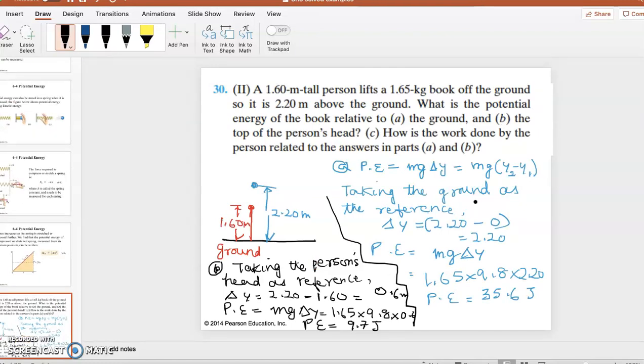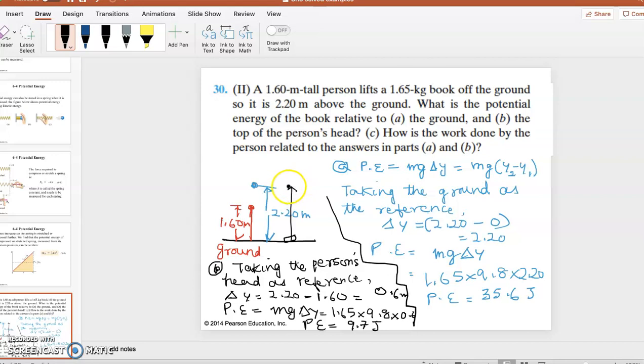Now here there is another example. It's a very simple example, but you have to pay attention to the reference point. It says a 1.60 meter tall person lifts a 1.65 kilogram book off the ground, so it is 2.2 meter above the ground. The book was here, and it was lifted to maybe a bookshelf or something.